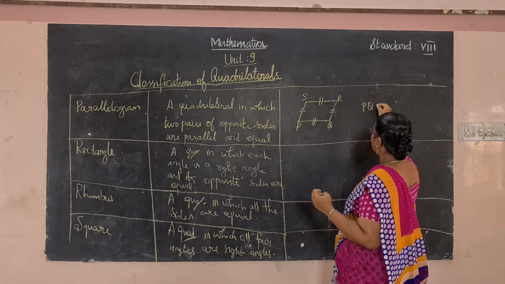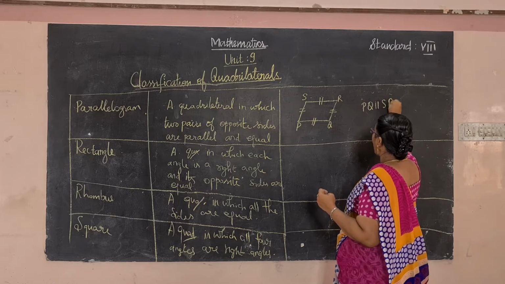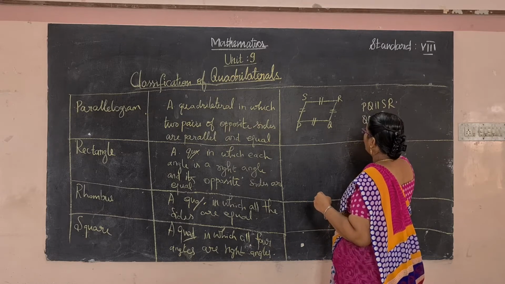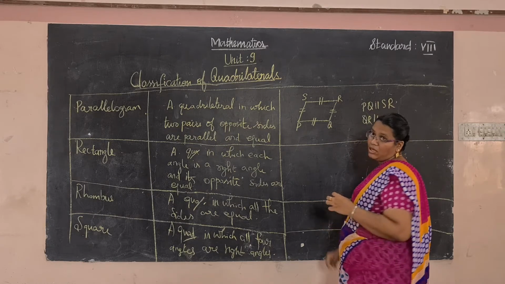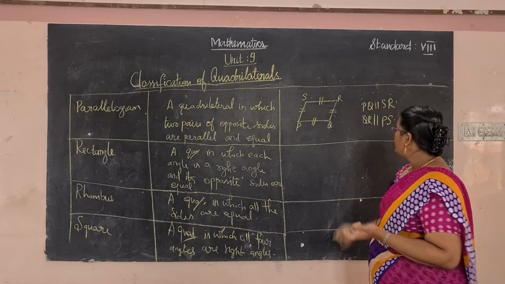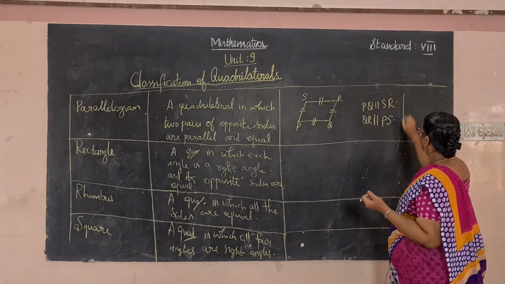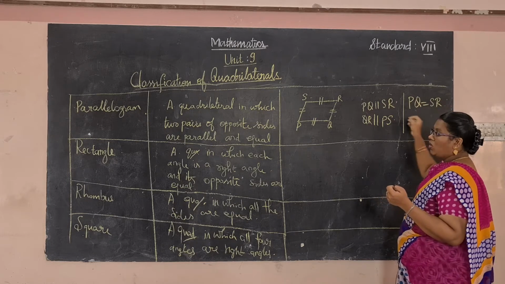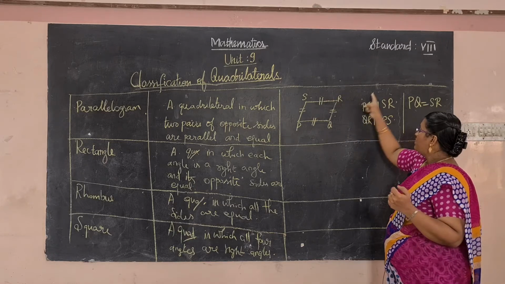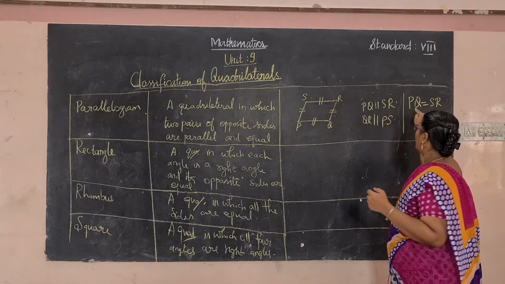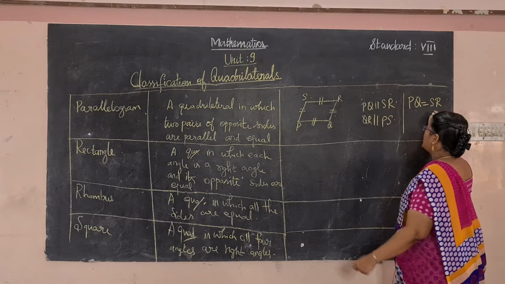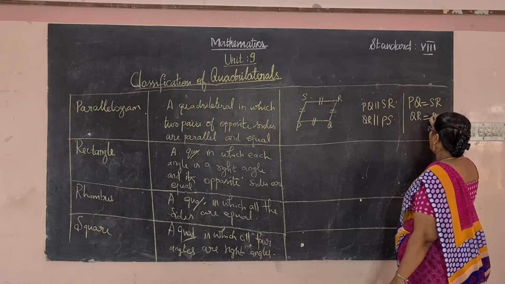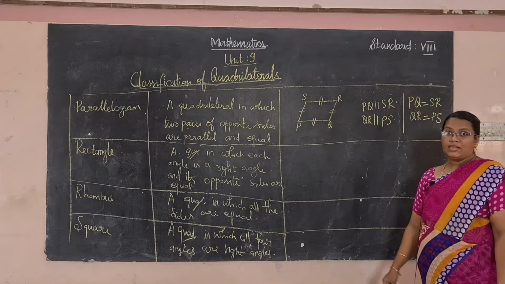PQ is parallel to SR and QR is parallel to PS. Parallel and equal means PQ is equal to SR and QR is equal to PS. Opposite sides are first parallel and next equal.